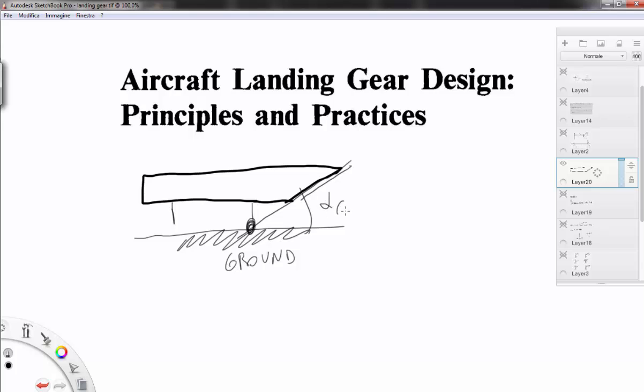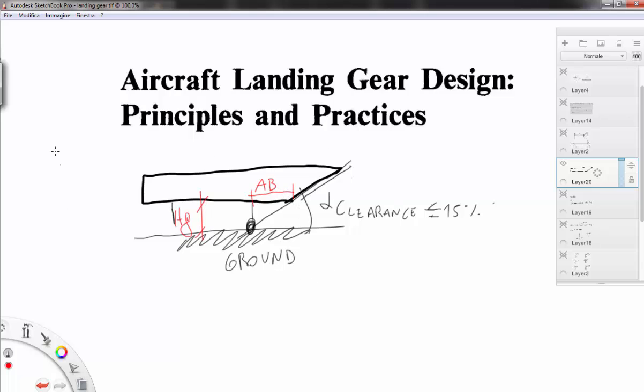This angle is called the clearance angle, alpha clearance, which usually is 15 degrees or less. This distance is B, and this is the height of the landing gear.